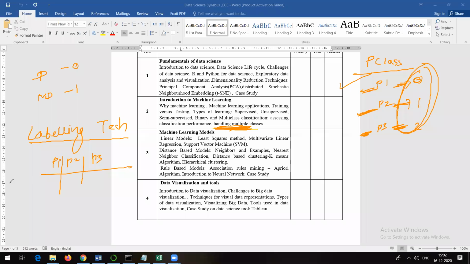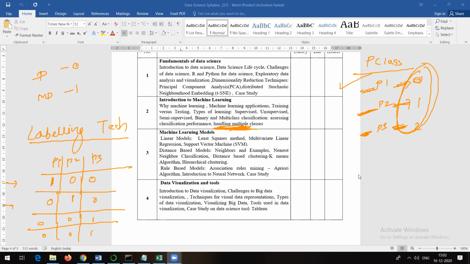For this observation, if the person traveled in this class, this will be 1, and obviously the other classes will be 0. If the second person is traveling with this class, this will be 1, others will be 0. If the person is traveling with this other class, again others will be 0. This is what we do.